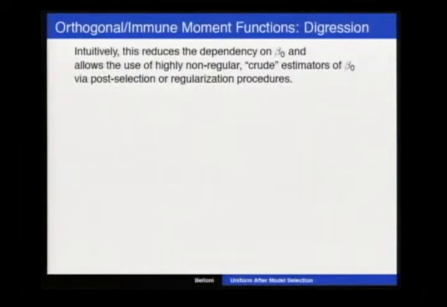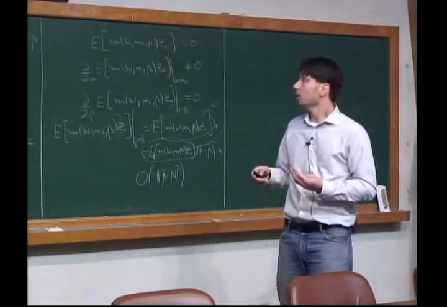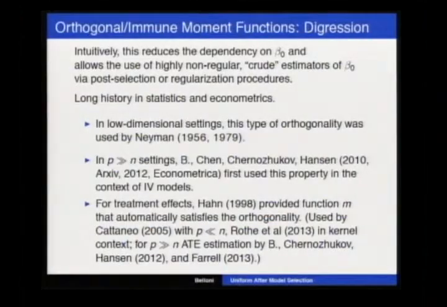So, to some extent, the idea of this low bias equation has been around for a while. This is not a new idea. What is new is to actually use it in these high-dimensional settings. The idea actually goes back to Neyman, to achieve some additional robustness to perturbation.